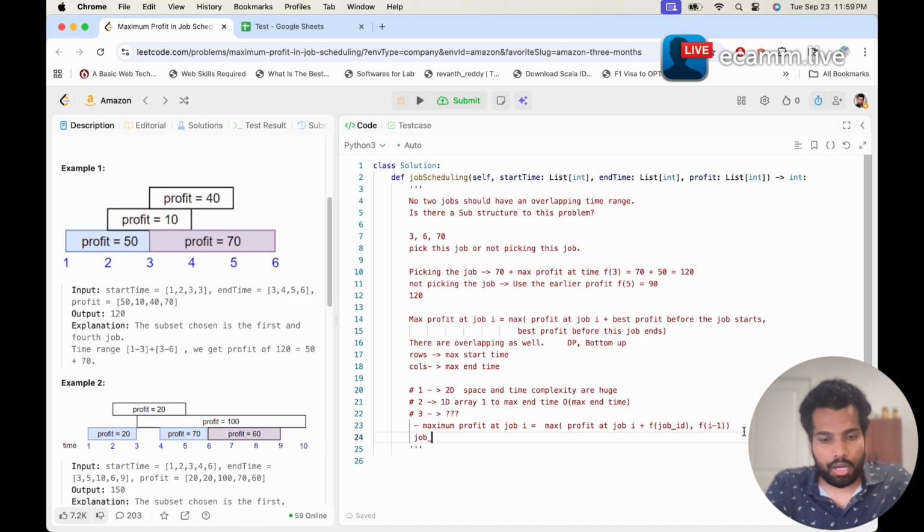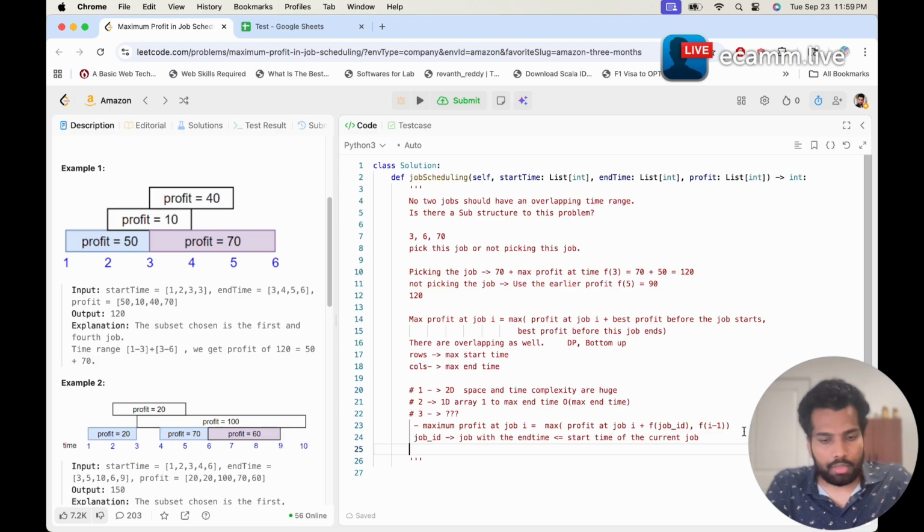The job id is the job ending, the job with the end time less than or equal to the start time of the current job. Yeah, so now it's clear.